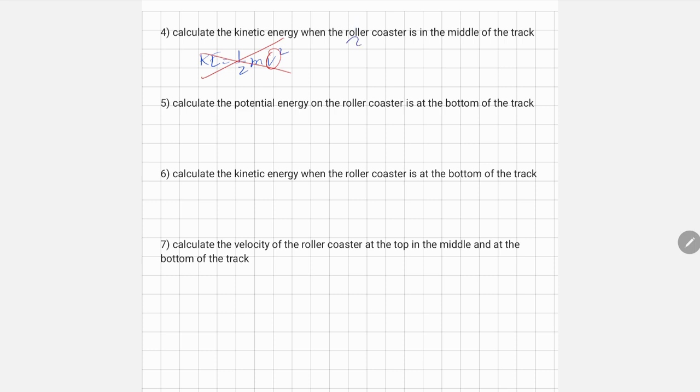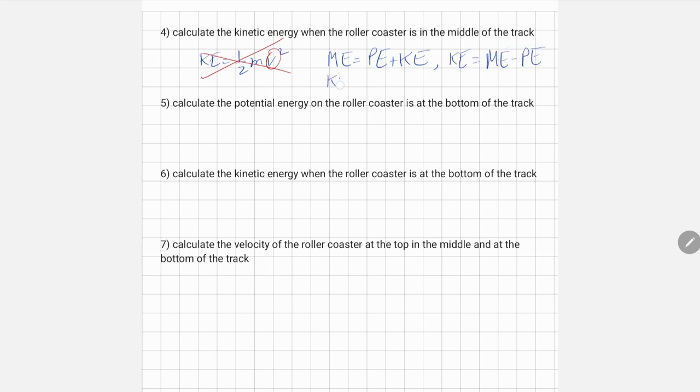So we're going to use the other formula, which is that mechanical energy is equal to potential energy plus kinetic energy. Basically we rearrange the formula, we bring the potential energy to the other side and flip its sign. We get that the kinetic energy is the mechanical energy minus the potential energy.